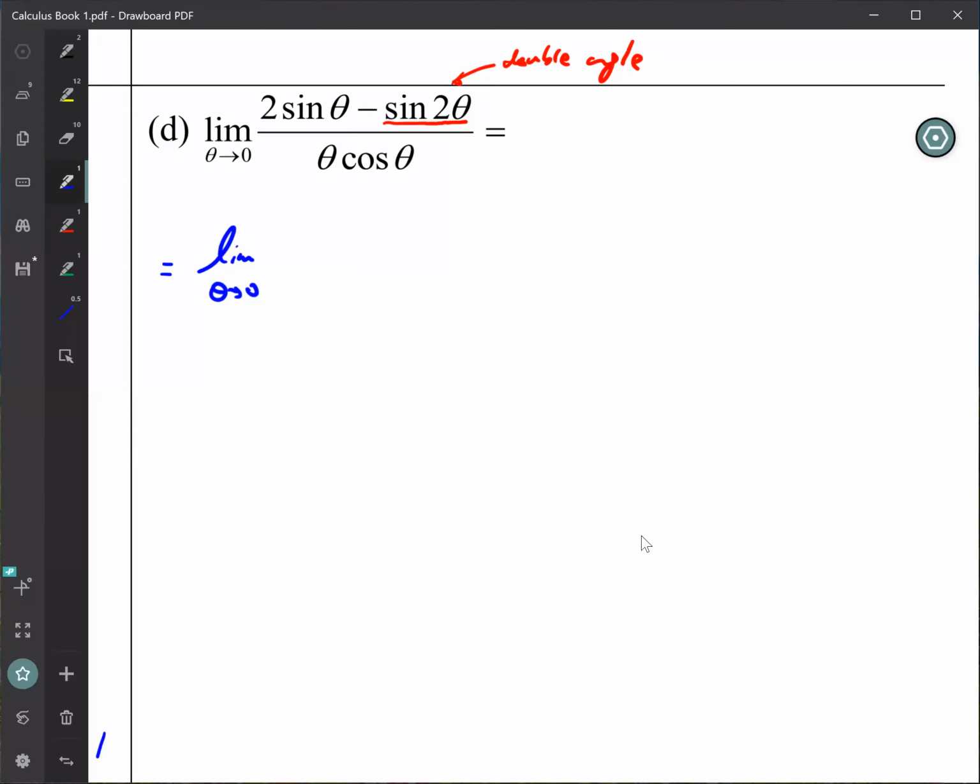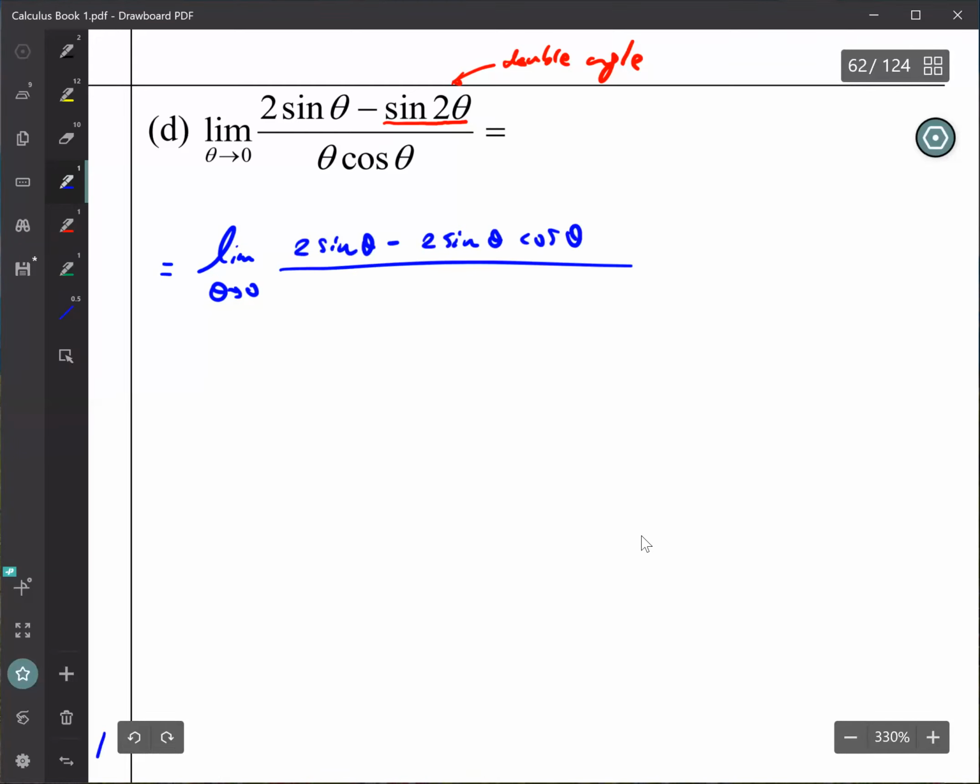Okay, Leon, how are you doing? Okay, so I use the rule, and then I have 2 sine beta minus 2 sine beta cosine beta over beta cosine beta. Did you do anything else after that? I'm still trying to think from there.